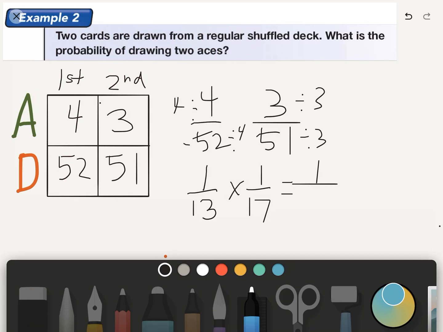And spoilers, 13 times 17 is 221. So our chances of drawing 2 aces in a row are 1 in 221. Or like a little bit less than 0.5%.